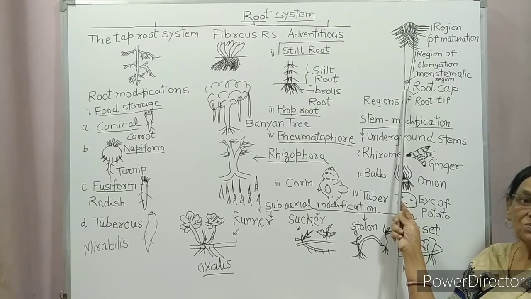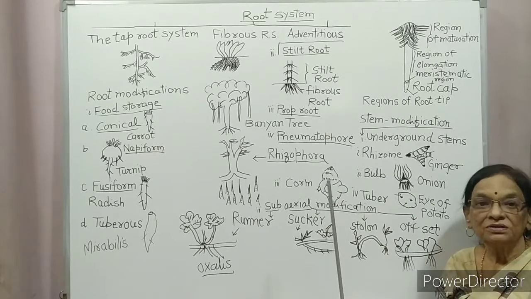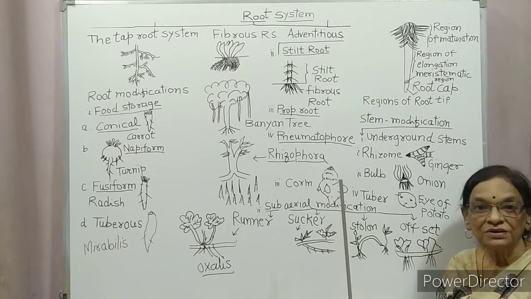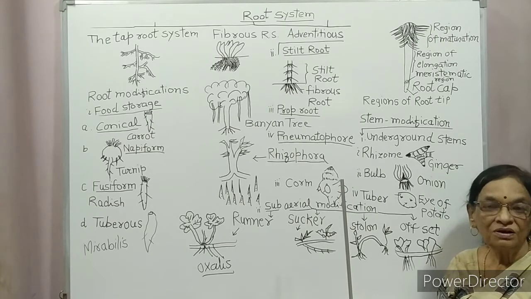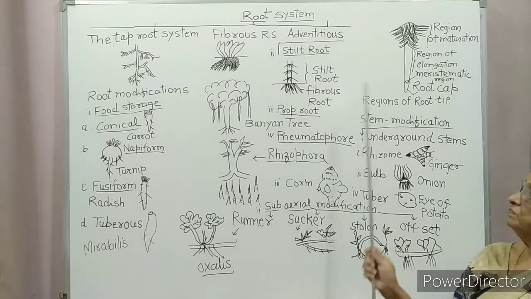Root apex grows in between the soil particles, so it may get injured if it is not covered with a thimble-like structure called root cap.